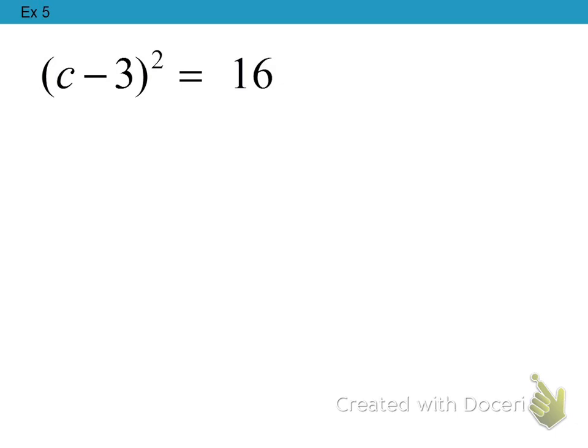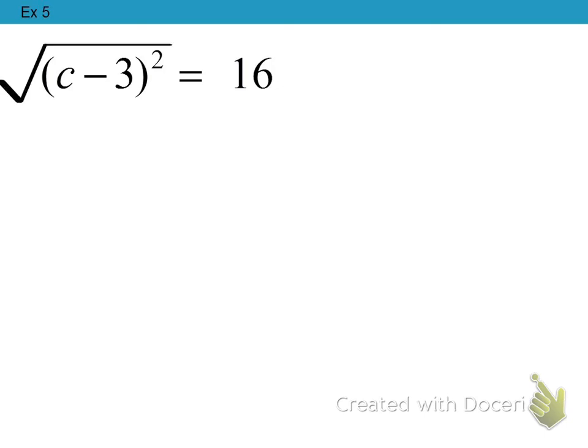Okay, the whole left side is being squared. How do I undo squaring something? Take the square root. So what's being squared is isolated. It's more than just a variable, but what you're squaring is already by itself.